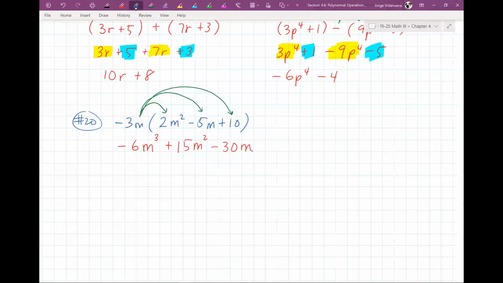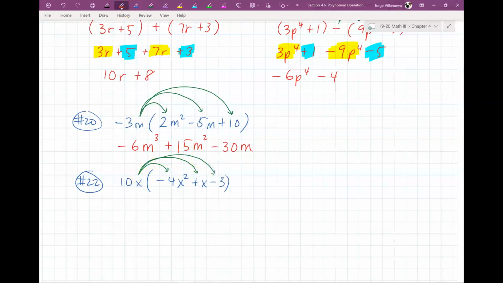Let's look at 22. So 22 has a 10x times negative 4x squared plus x minus 3. All right, so we're just going to distribute just like we've been doing. So distributing here, there, and the last one will be right there.